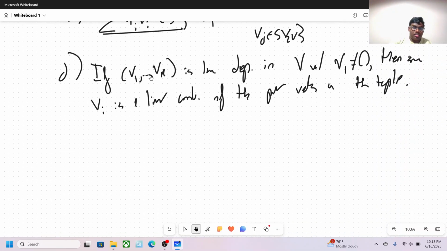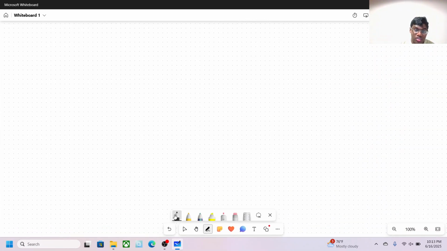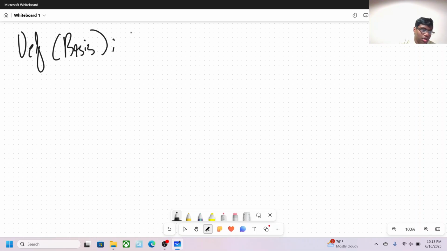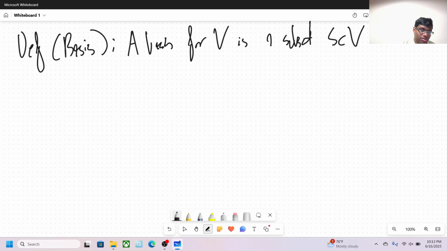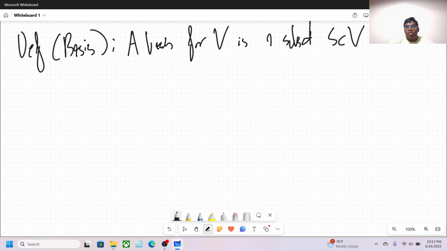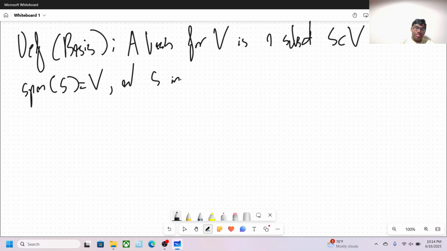So now we can make the following key definition that is behind everything. Basis. A basis for V is a subset S subset of V with span of S equal to V. So S spans V, hence everything in V can be written as a linear combination, and S is linearly independent.